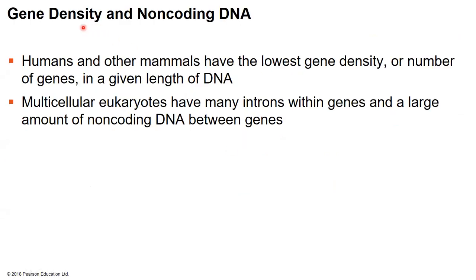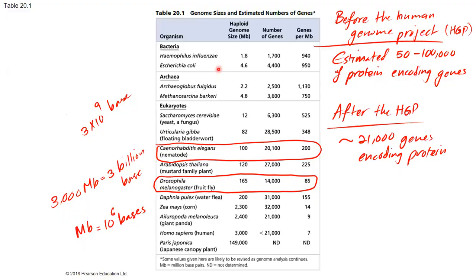We have something called the gene density, which is basically the number of genes in a given length of DNA. Here we have the gene density, the number of genes for every 1 million bases. For humans, this is the number of bases in megabases, so we have 3,000 megabases.